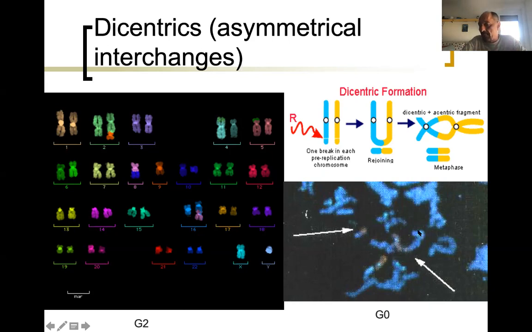You see the orange and blue dicentric chromosome, and you see here the acentric fragment, and you see here the other chromosome, the normal chromosome with its centromere. This is how it looks like in mFISH. You see, this is a dicentric between chromosome 2 and chromosome 9. You see here the chromosome 9 with the centromere fused with the chromosome 2 with the other centromere.